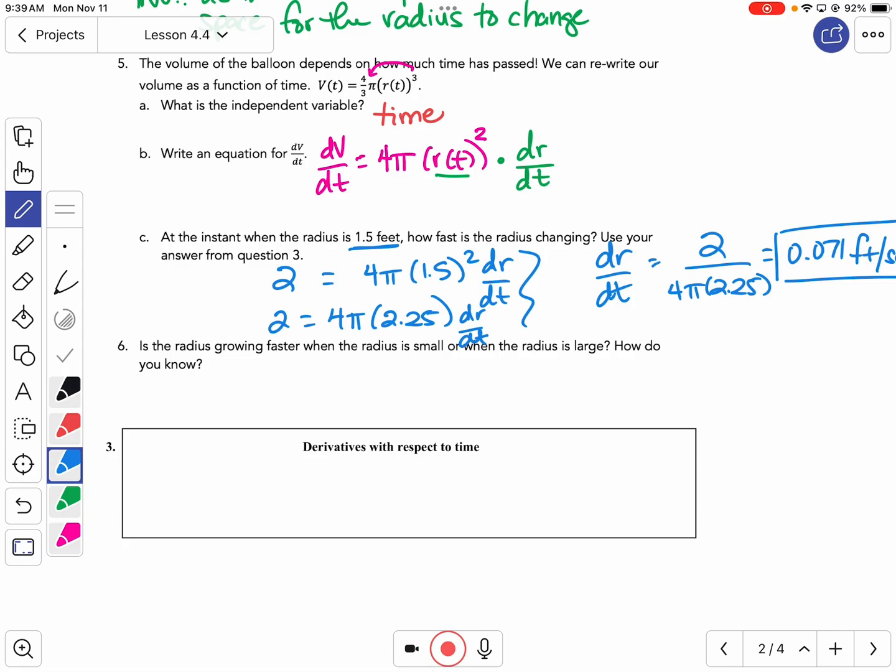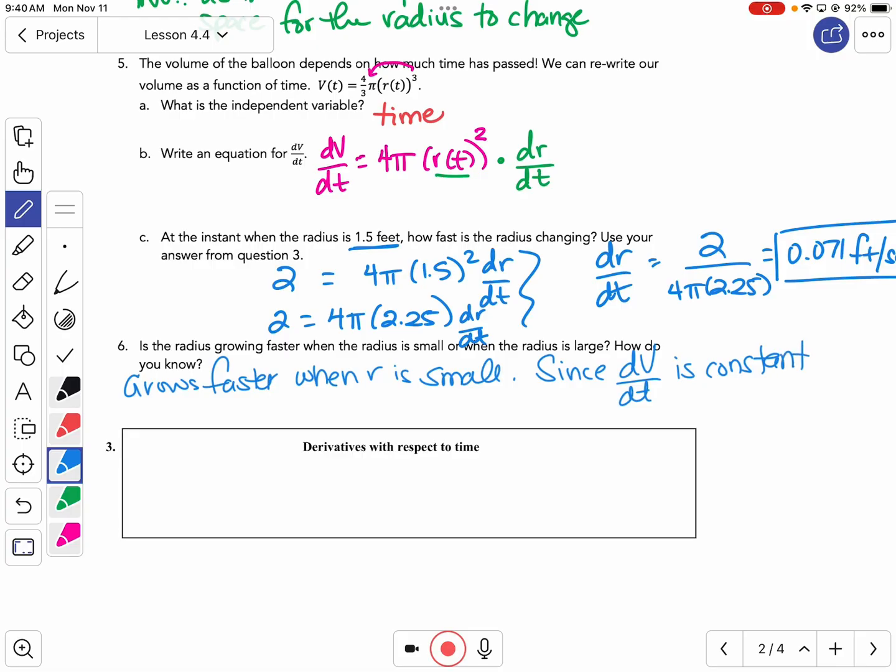So we would say that it grows faster when the radius is small. Since the rate of change of the volume is constant, a small radius means a large rate of change.